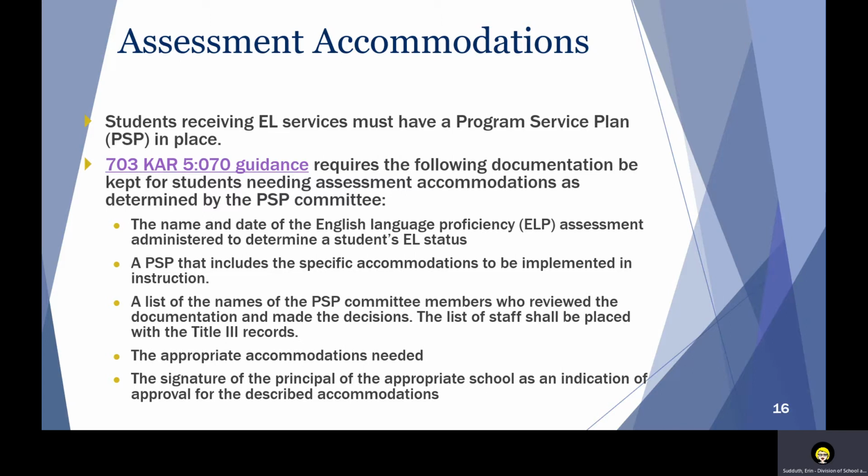The list of staff should be placed with the Title III records. The appropriate accommodations needed, and the signature of the principal of the appropriate school as an indication of approval for the described accommodations.